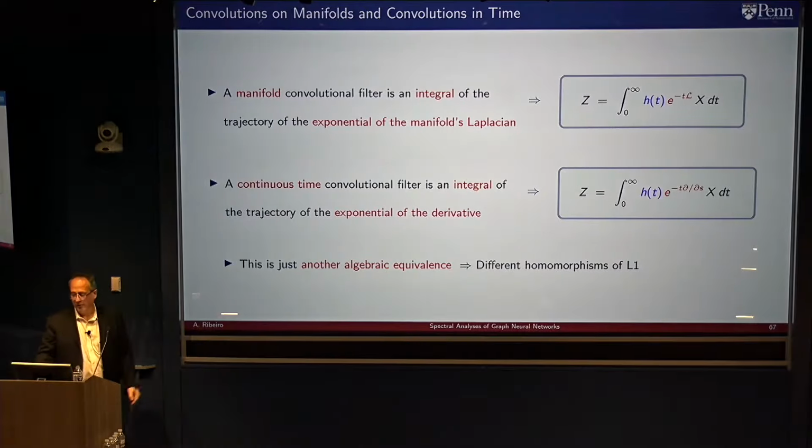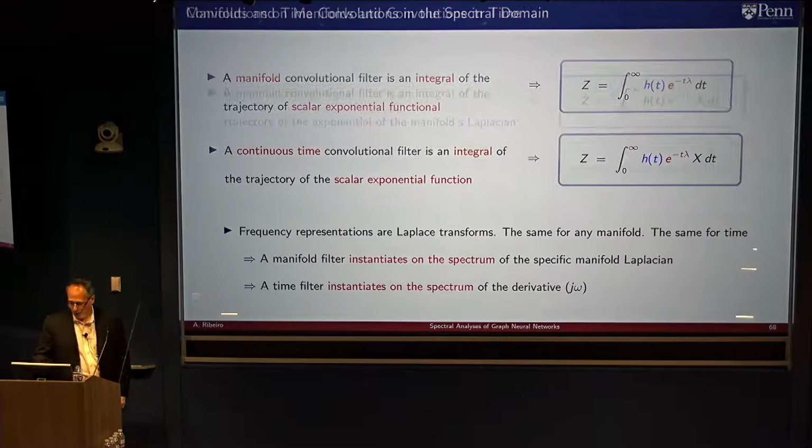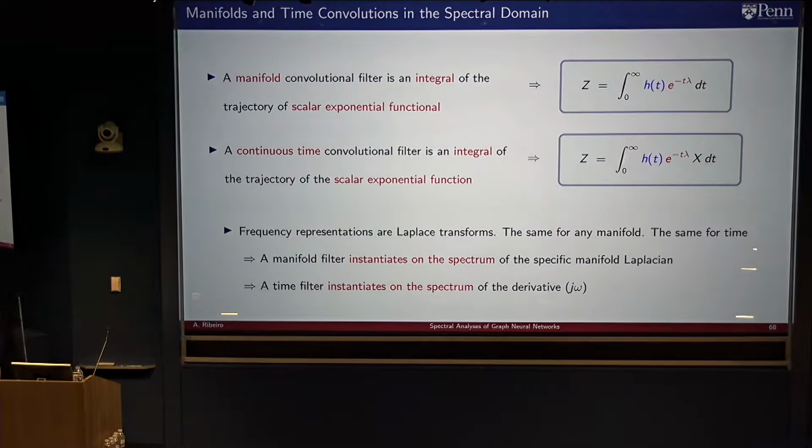Okay, good. Of course, I am going to construct spectral representations. And those spectral representations will be integrals of the trajectory of the scalar exponential function. That for manifolds. But in continuous time, it will also be the same integral of the same trajectory of the scalar exponential function. And by the way, when you look at that, you should see that these are Laplace transforms.